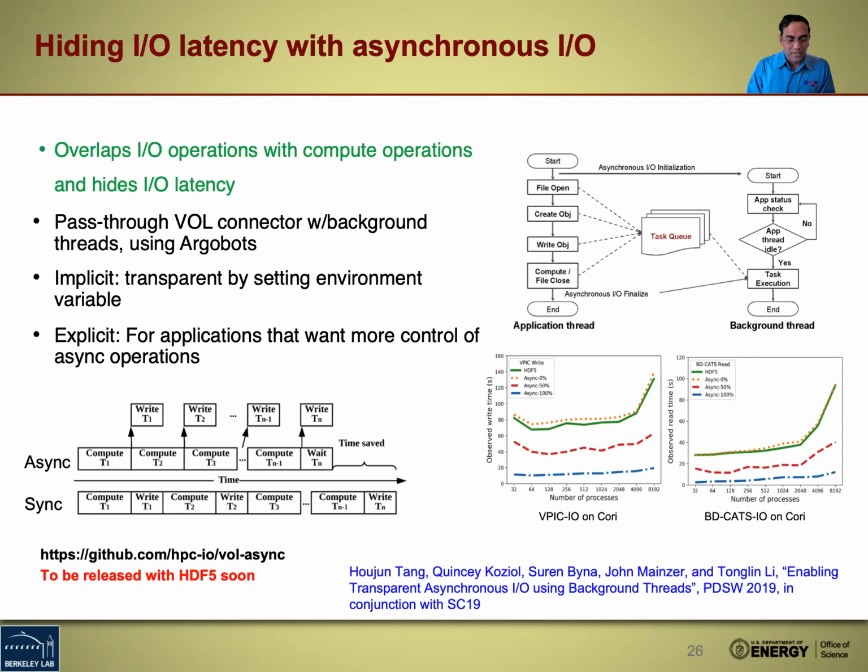So asynchronous I/O is to overlap the I/O operations while the application is busy with computation. This is the synchronous approach, where there are iterations of computations and I/O operations. For example, compute and write here, and while the data is being written, compute stops in a synchronous fashion. Then the next compute starts after the write is done.